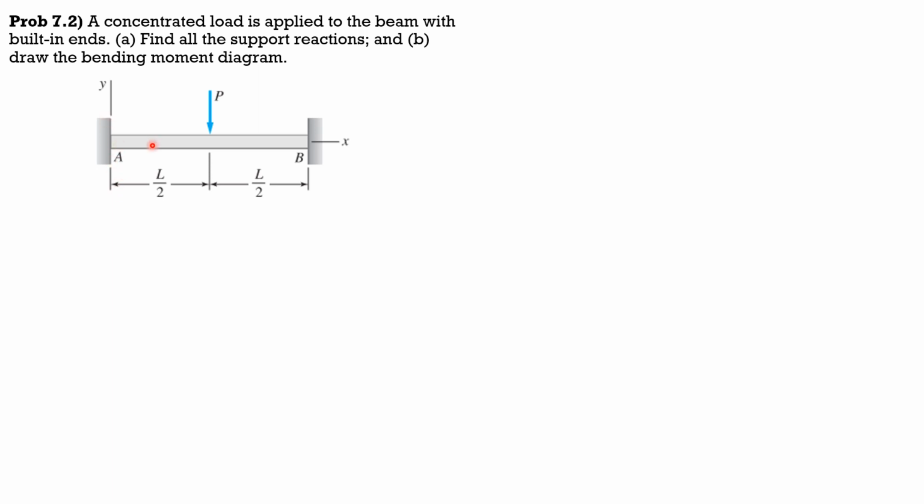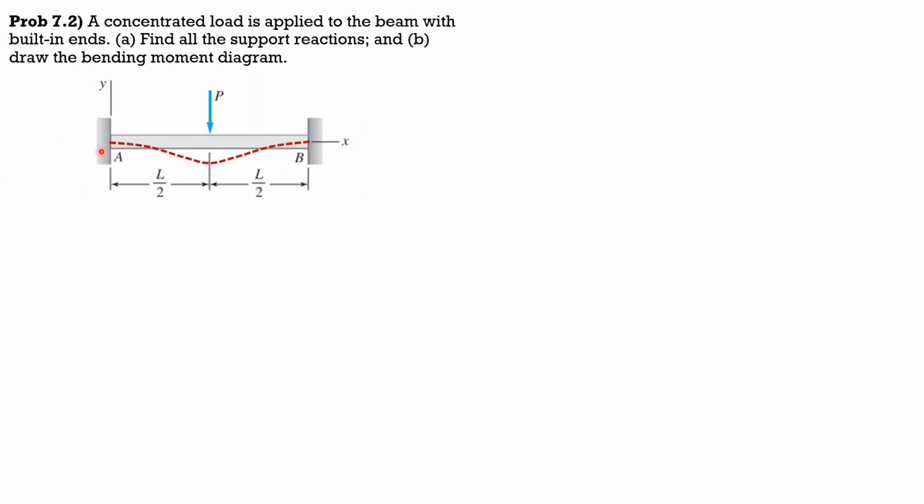And when we apply the double integration method, there will be two unknowns also, MA and MB. But because of symmetry, MA equals MB.